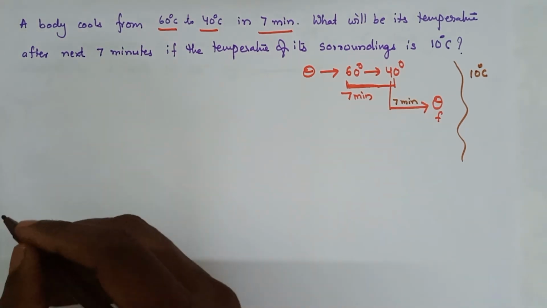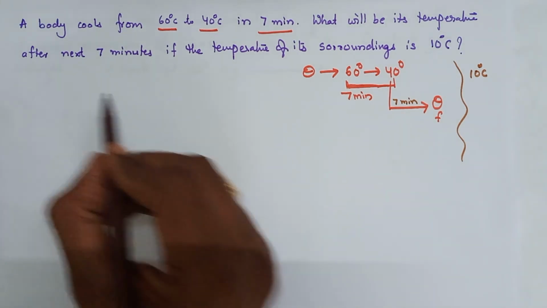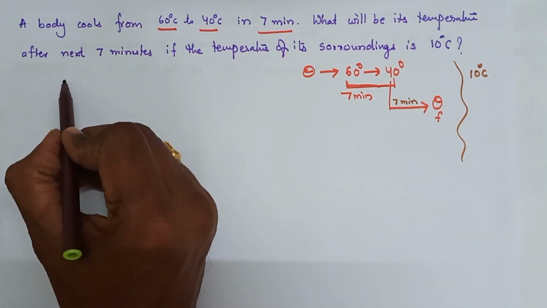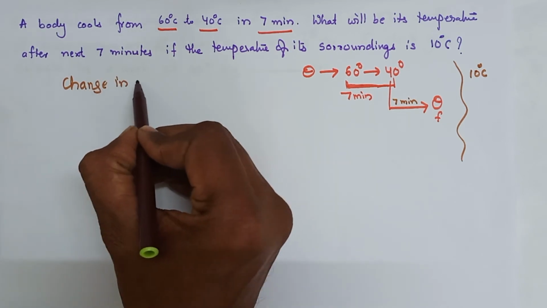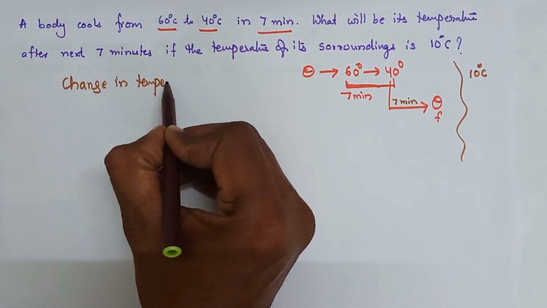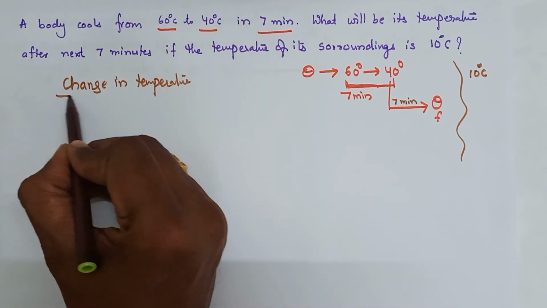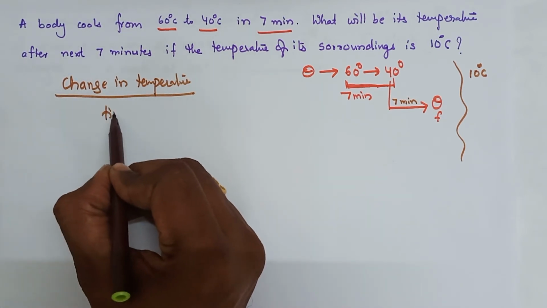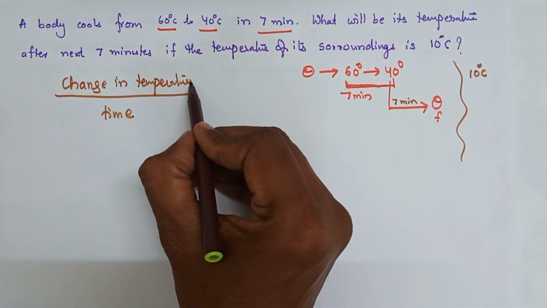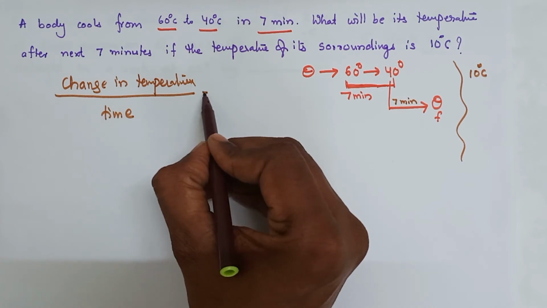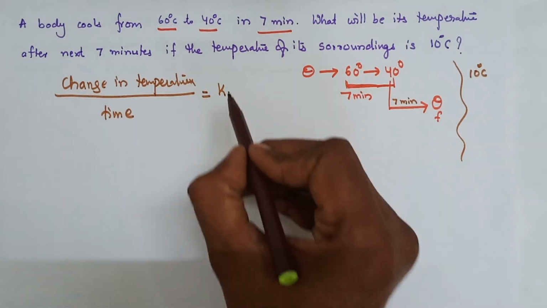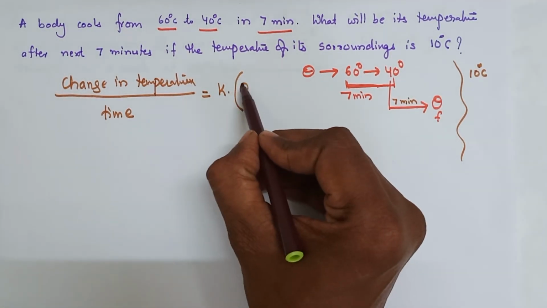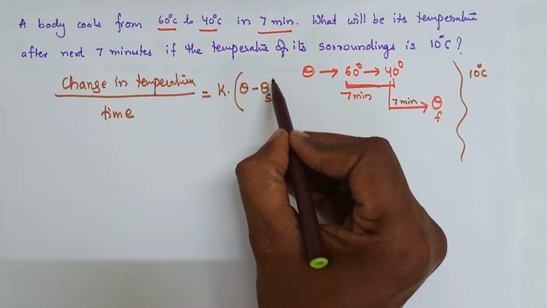According to Newton's law of cooling, change in temperature by time is equal to some constant k into theta minus theta surroundings.